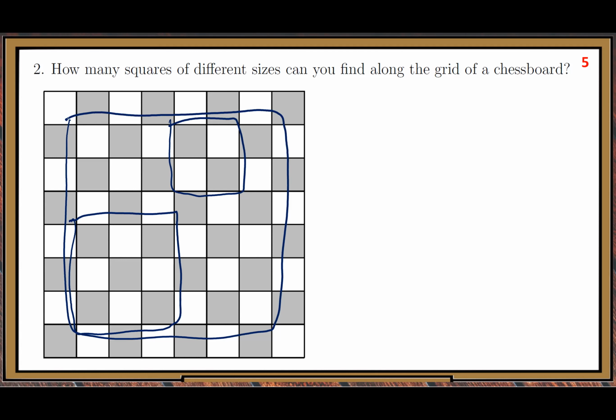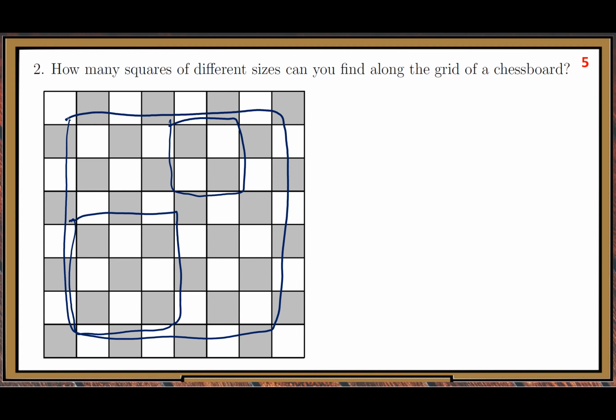Here we need to do the counting. Count all possible squares you can find in this chessboard, okay? Along the grid, right?